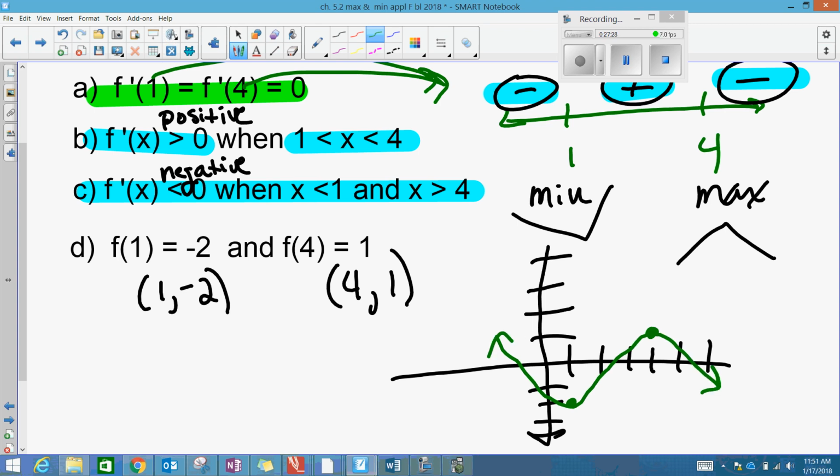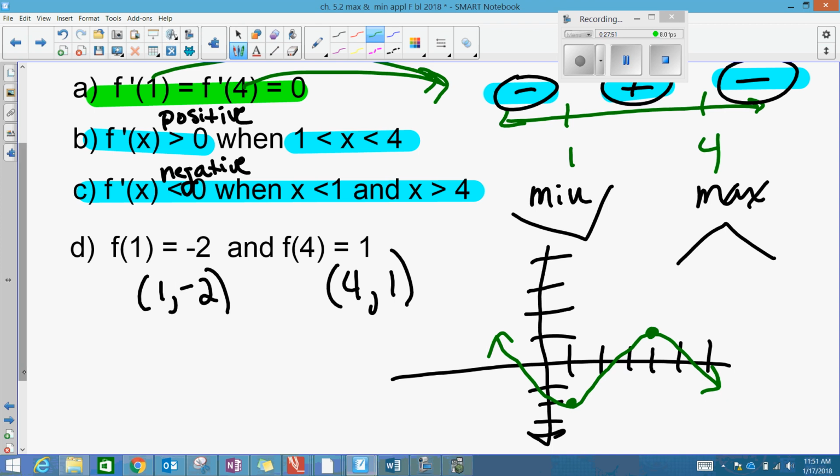Again, we just sketched a graph by being told about the derivatives. There's a min at 1 and a max at 4. The intervals tell us what the graph should be doing: decreasing until you get to 1, then increasing, then decreasing.